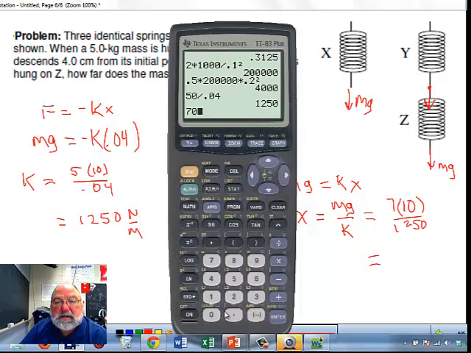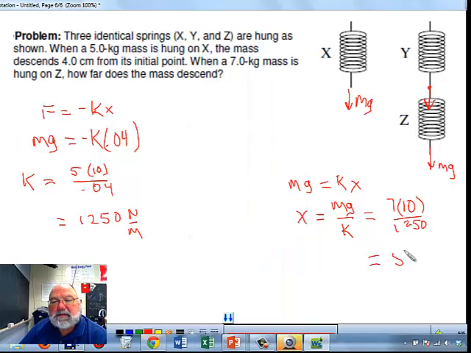No, it's not 70 times. 70 divided by 1250. Enter it, and it's going to be 0.056 meters, which is 5.6 centimeters. So that's just the stretch of Y.